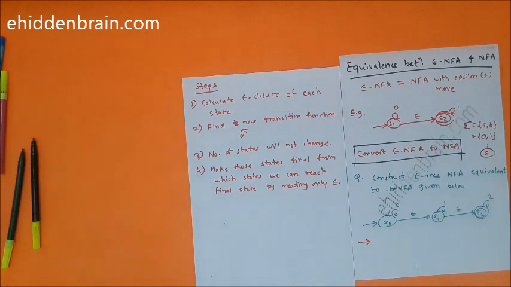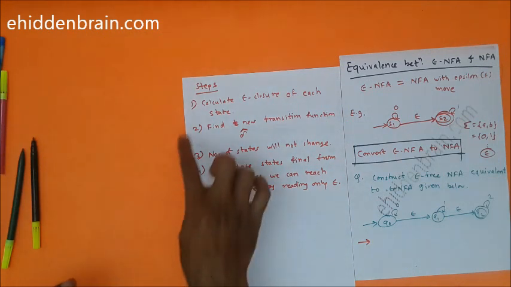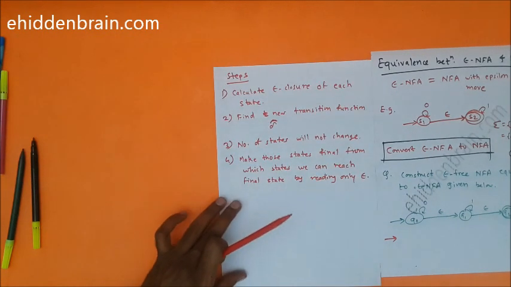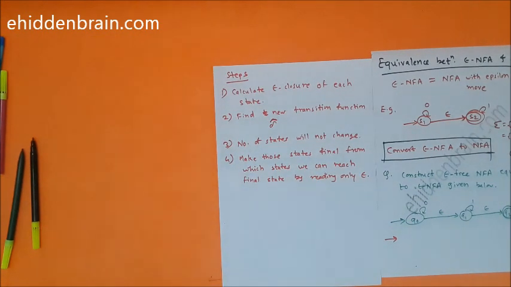So be with me, don't worry about these steps, we will explain them in detail. So these are the steps required. Now I will start doing the first step itself.